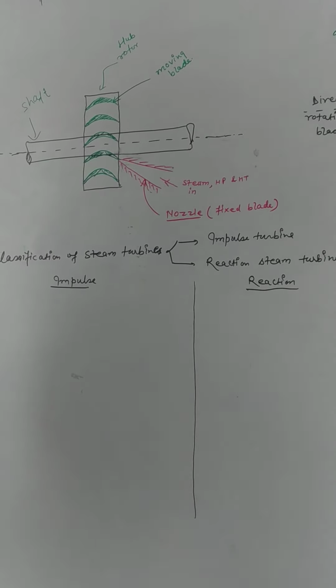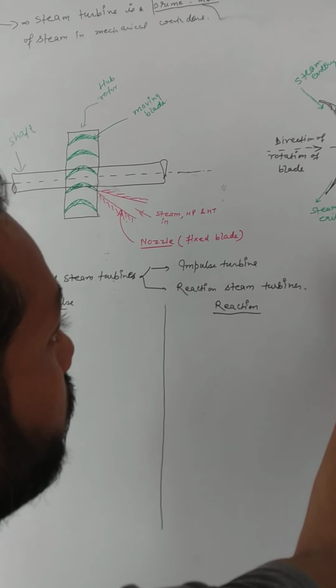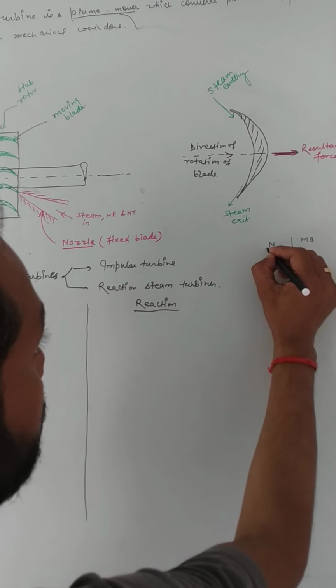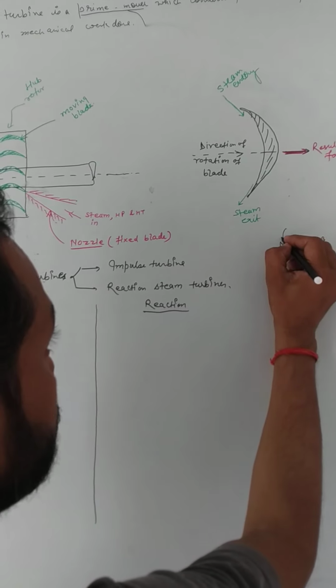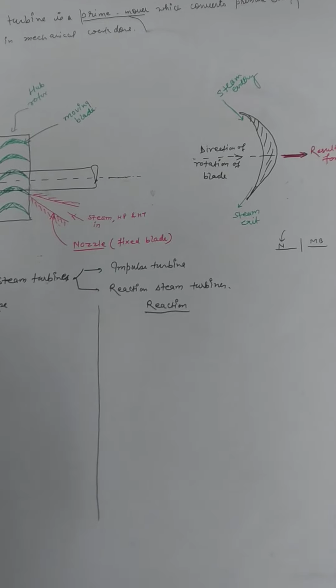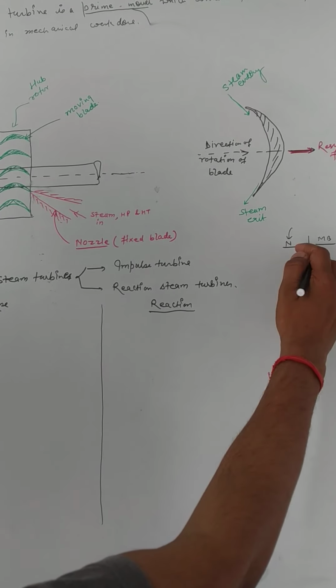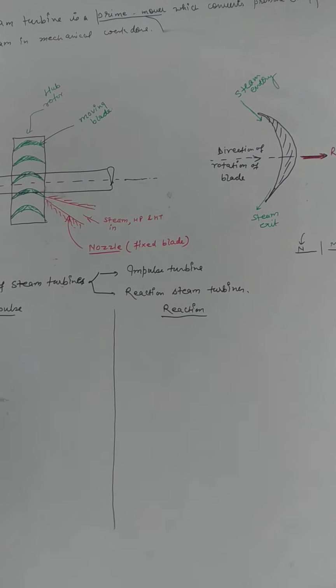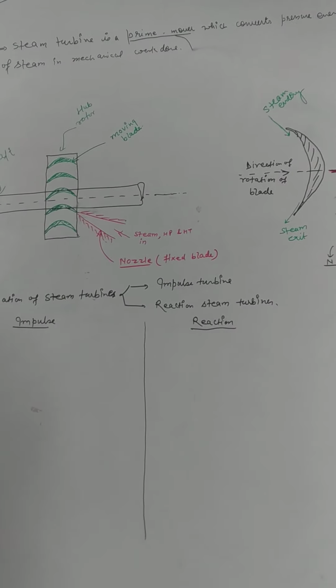Actually, there is an arrangement of nozzle and moving blades. The nozzle is called the fixed blade. This is a moving blade, a blade which is assembled or arranged on the moving rotor.